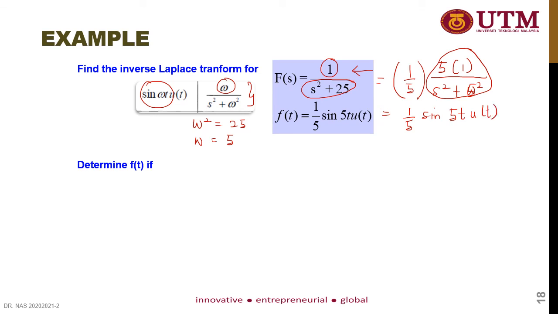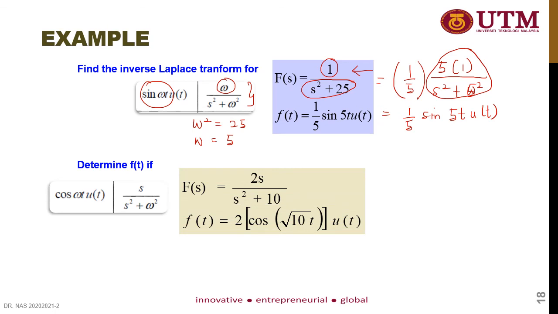Okay, same goes to the next example. Given is 2s over s squared plus 10 squared. From the equation, you may see that you have s on top, so it belongs to the cosine function from the table. You can modify this equation a bit. It is equal to 2s divided by s squared plus, if you refer to the equation, omega squared.